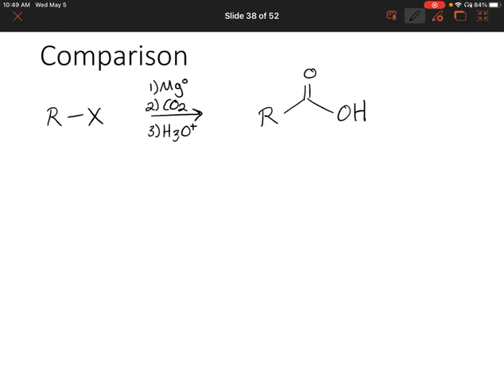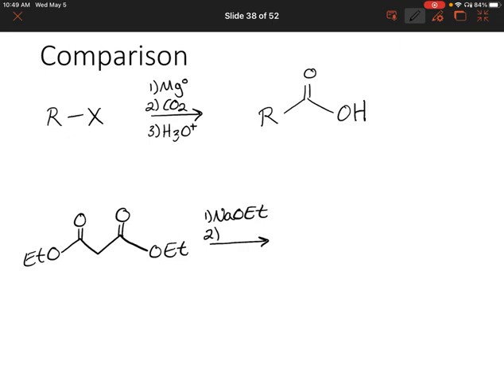Okay, so what's the difference? Well, in our malonic ester synthesis, we're using that alkoxide base followed by an alkyl halide followed by acid and heat.